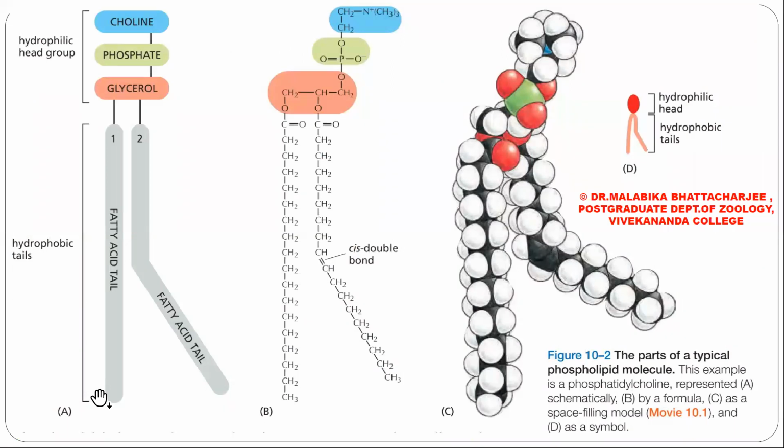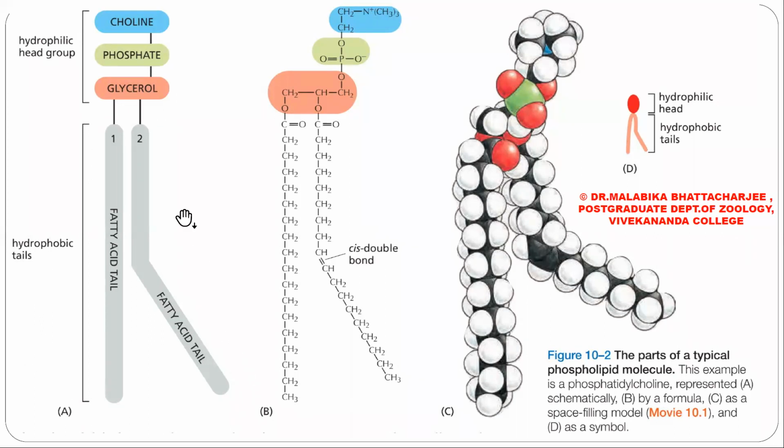Now we move on to the most important component of the membrane, the typical phospholipid molecule. As you saw, the lipid bilayer consists of phospholipids. The phospholipids consist of two basic parts: a head and a tail.